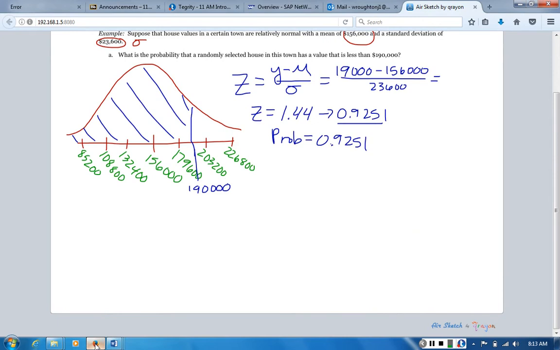The last thing we have to do is interpret this number.